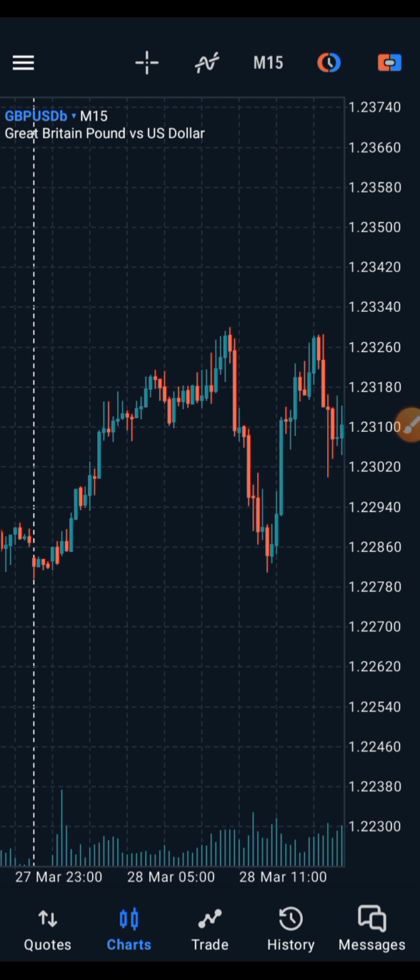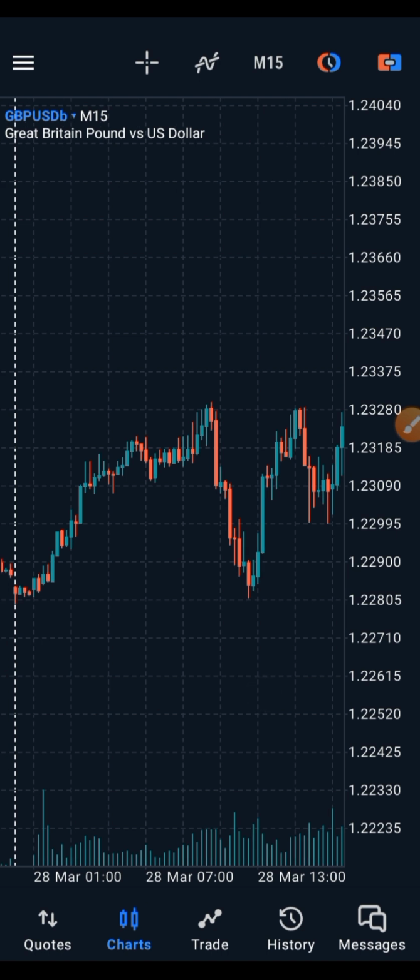And for me to trade pound against the dollar, it means that I just want to use only the London and the New York session to enter trades. Basically, that's what it means. I wouldn't want to be looking for trades in the Asian market because it's GBP USD, pound against the dollar. So obviously the best time to have good trades will be the London session and the New York session.